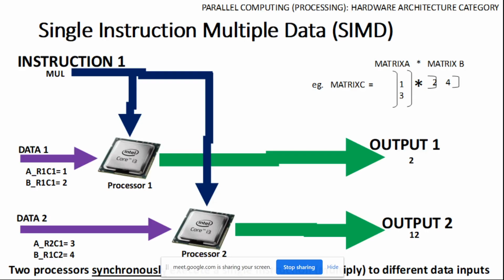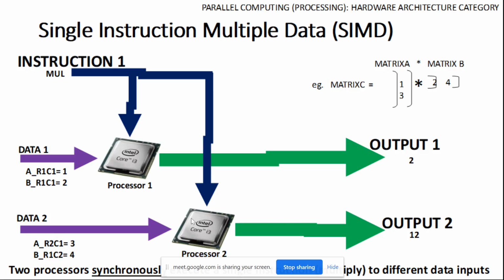So this is your SIMD. If it is the same instruction, multiply for example, I don't have to send it 2 times. I need to multiply A and B over here and a different A and B. Both the instructions are the same, only the data is different. So in this case, I have 2 cores.